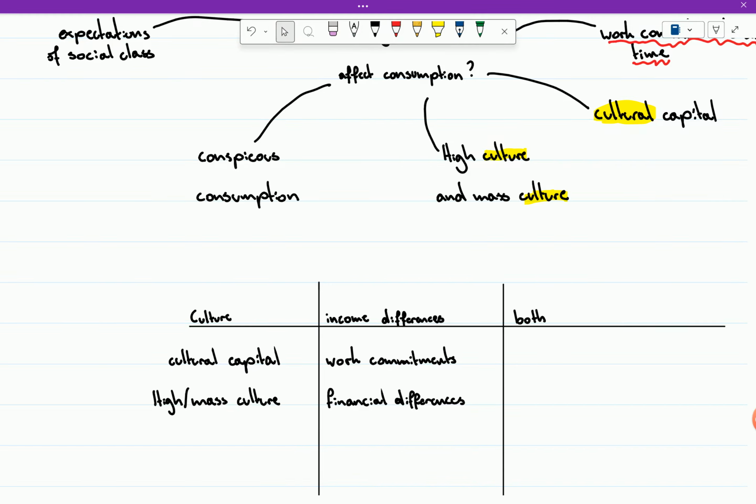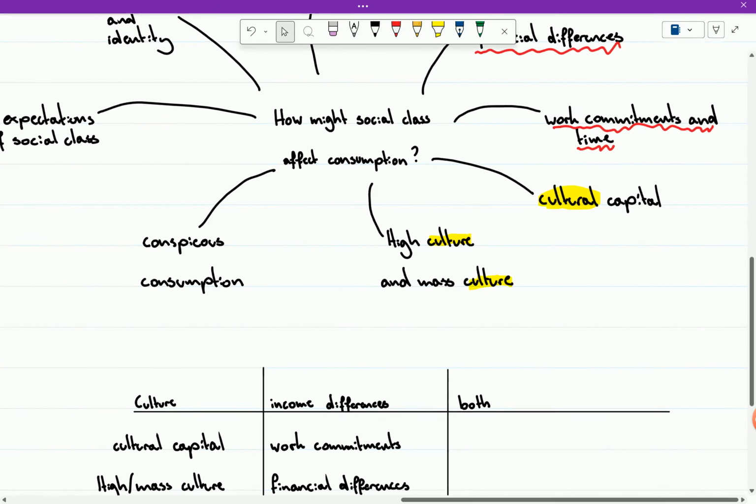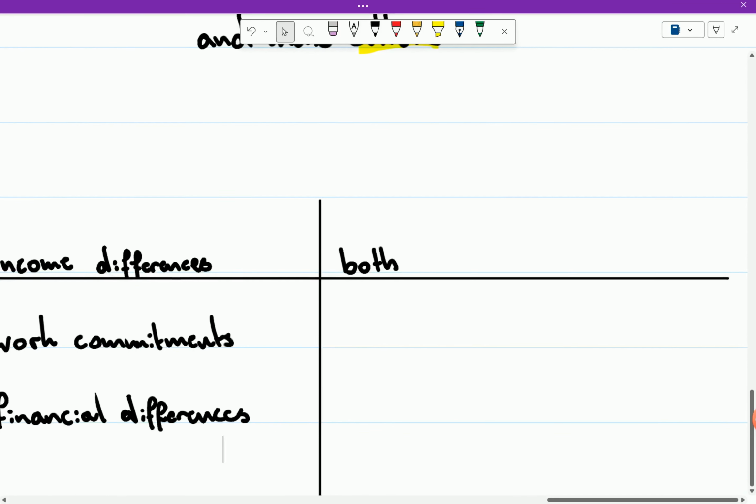The support is there. There'll be some topic points that you could count as both, depending on how you want to go into it. For example, conspicuous consumption. You could make the argument that would fall under either.